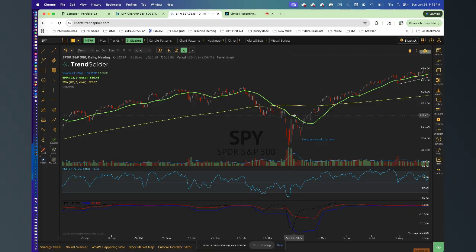And we can see that we have an inverse head and shoulders on the RSI, and then we have the price eventually taking the moving average, and way out in June, the two moving averages go back to normal.